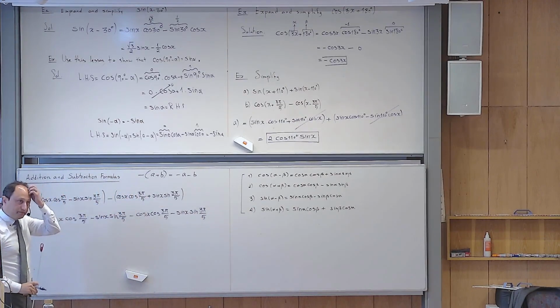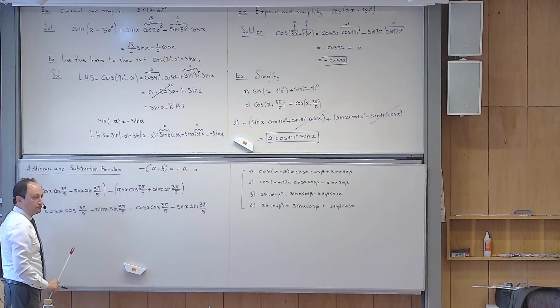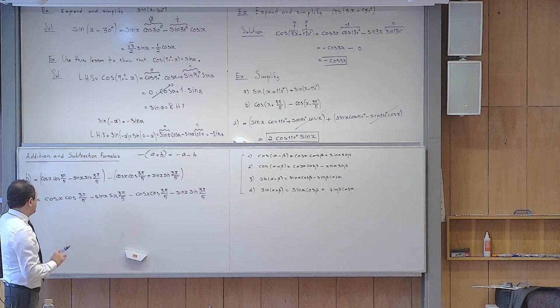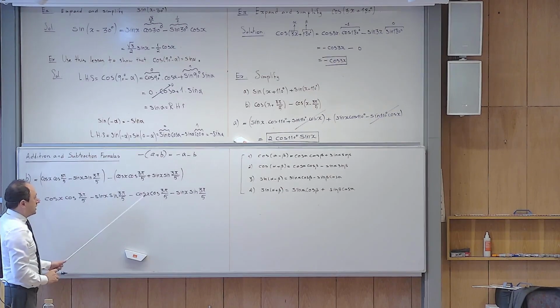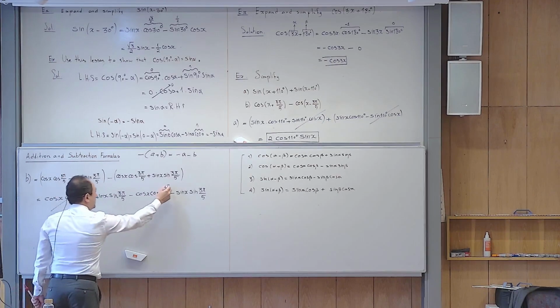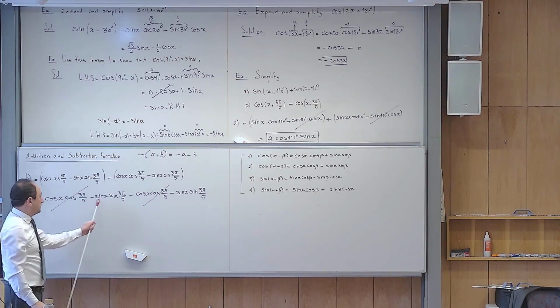Yes? And then, can I simplify more? Can I? Yes, because whatever this term is, that is the same term with the opposite sign. So this one and that one are cancelled. But these are not cancelled.